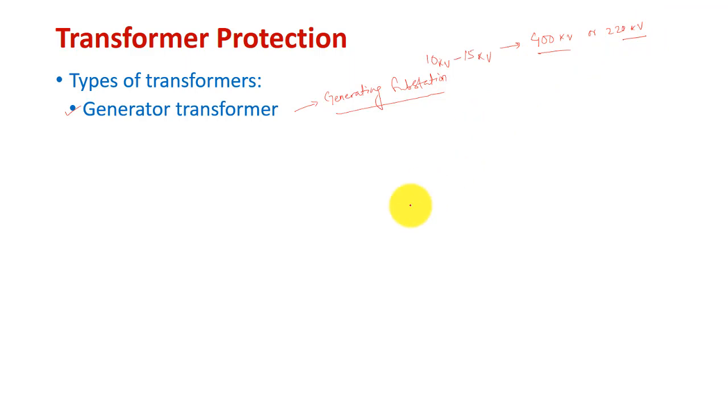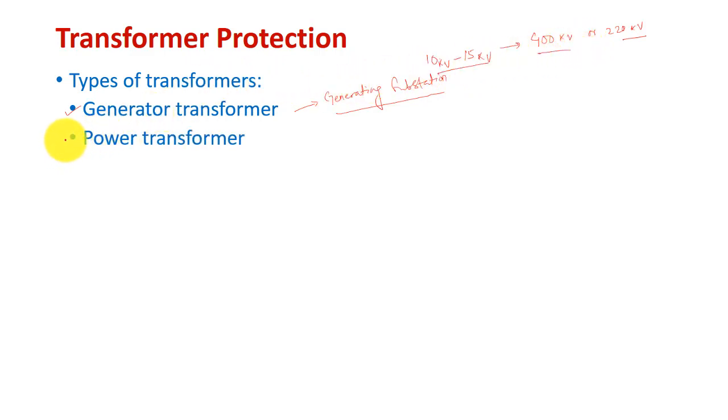So this is the function of the generator transformer, which is generally a step up transformer, used in the generating substation to step up the voltage from a very low voltage like 10 to 15 kV to 220 kV or 400 kV.